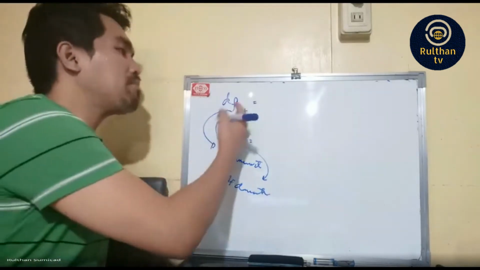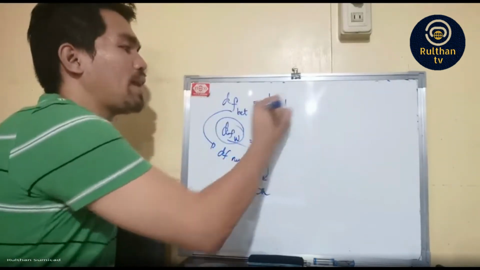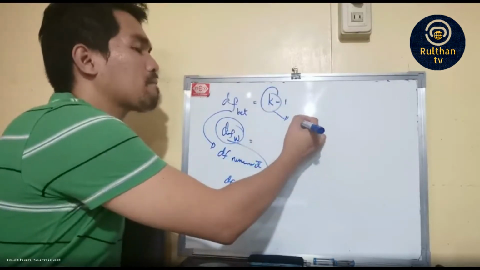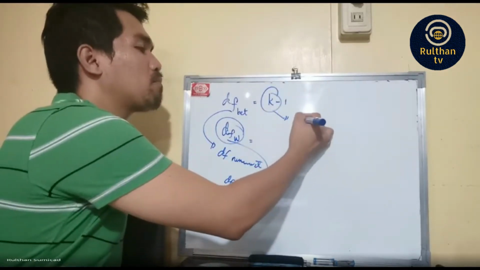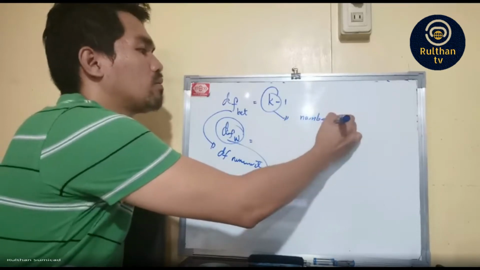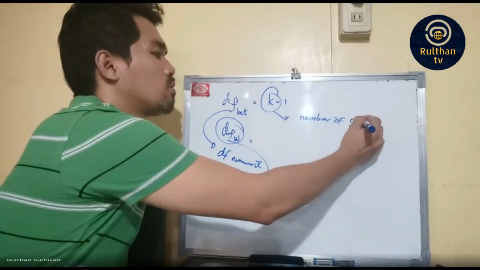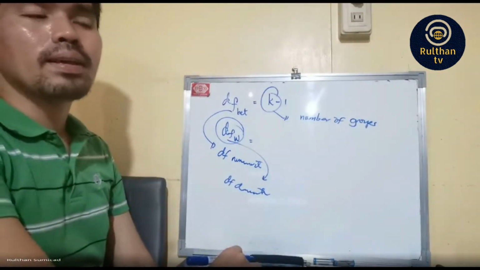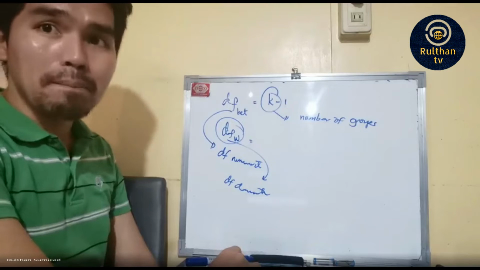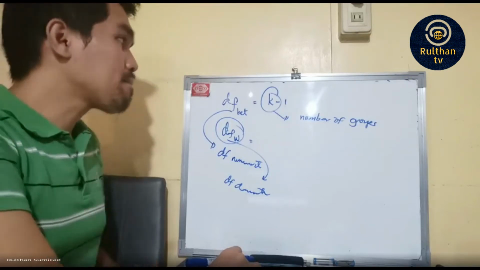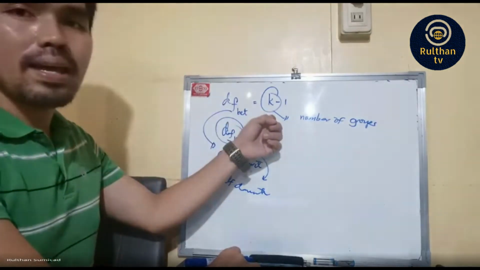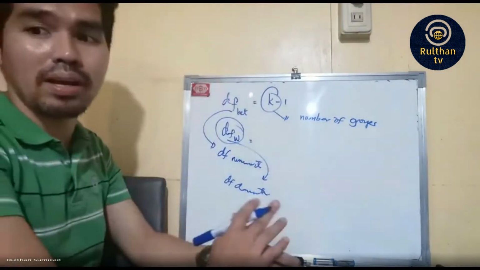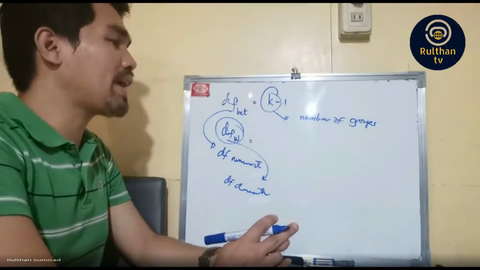For the degree of freedom between, our formula is k minus 1, where k is the number of groups or number of samples. How many group samples are there? For example, you are referring to three or four variables involved. That is our k.